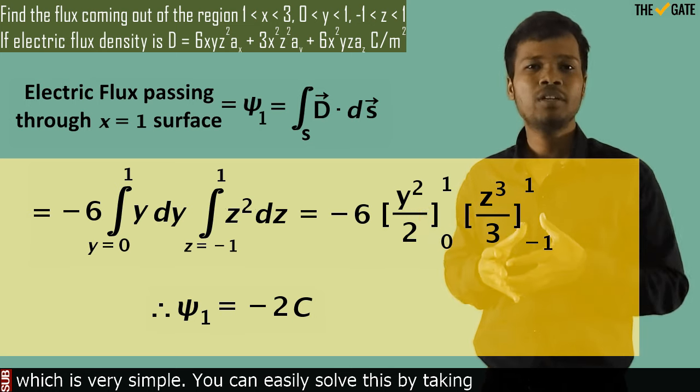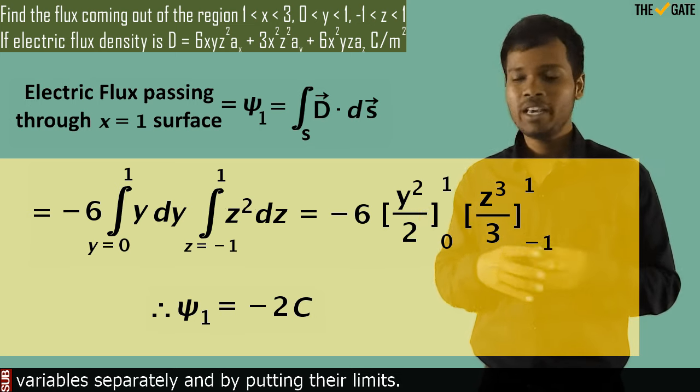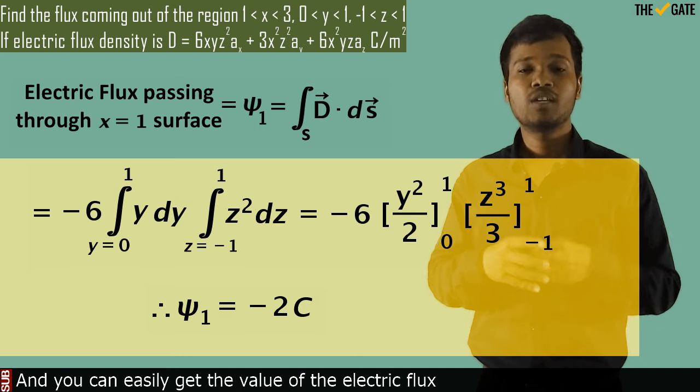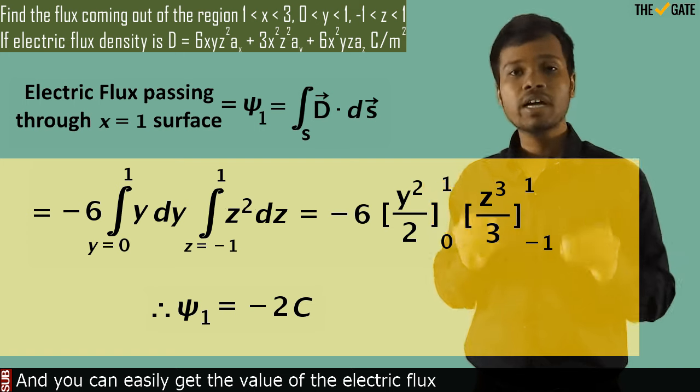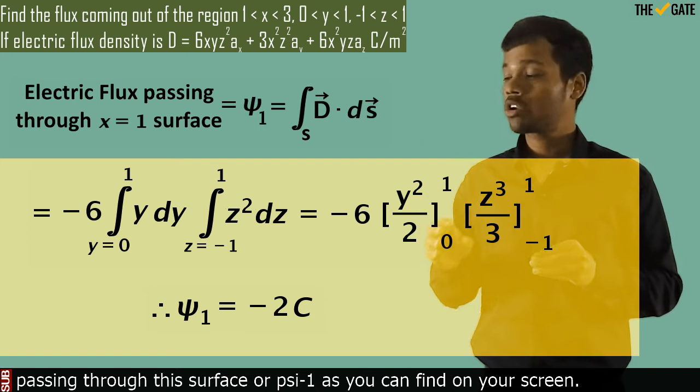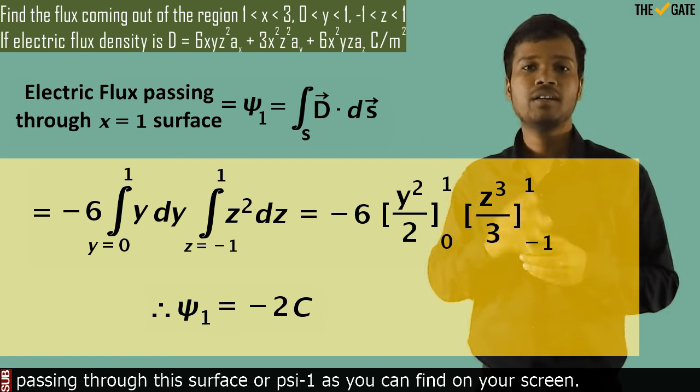You can easily solve it by taking variables separately and putting in their limits, and you can get the value of the electric flux passing through this surface, or psi 1, as you can see on your screen.